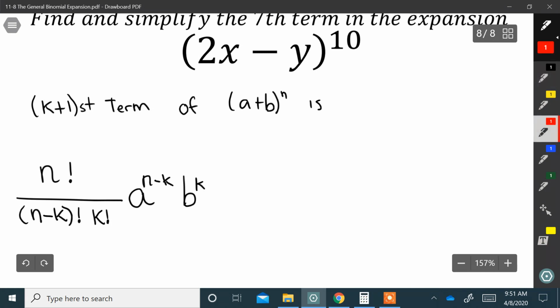Now, when you look at this formula, when you first see it, it looks like a very crazy formula. It's actually not too bad.